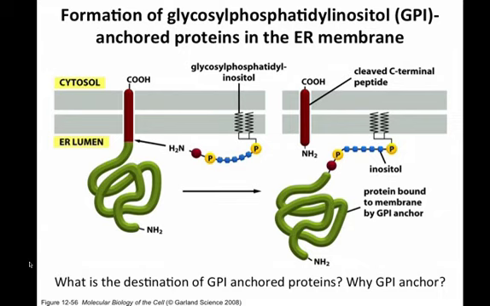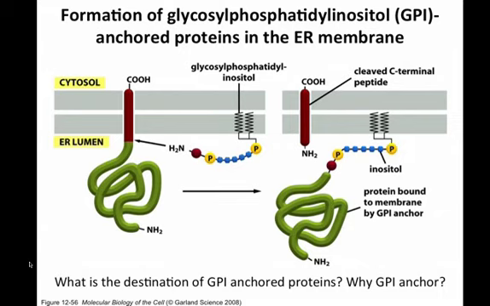So not only do we have membrane proteins that are translated right into the ER membrane, but we can also have formation of GPI anchored proteins. And this happens in the ER. You'll have your protein made with a transmembrane domain, just like we've been talking about, but there'll be a GPI anchor embedded inside the ER membrane, and the whole protein will be transferred to the GPI anchor.